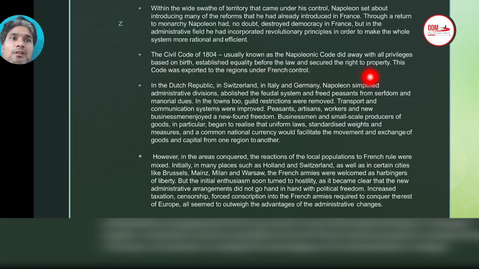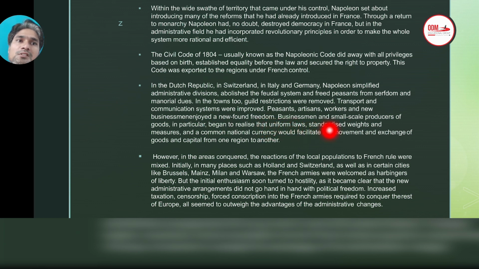This code was extended to the regions under French control. In the Dutch Republic, in Switzerland, in Italy and Germany, Napoleon simplified administrative divisions, abolished the feudal system and freed peasants from serfdom and manorial dues. In the towns too, guild restrictions were removed, transport and communication systems were improved, and peasants, artisans, workers and the new business class enjoyed a newfound freedom.